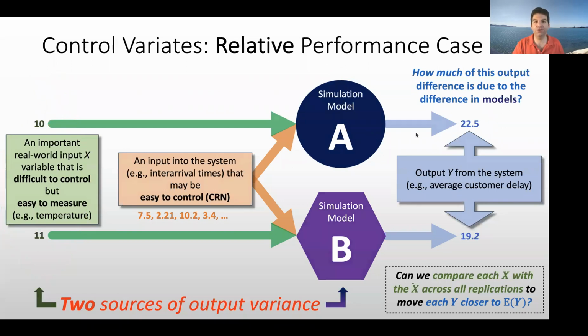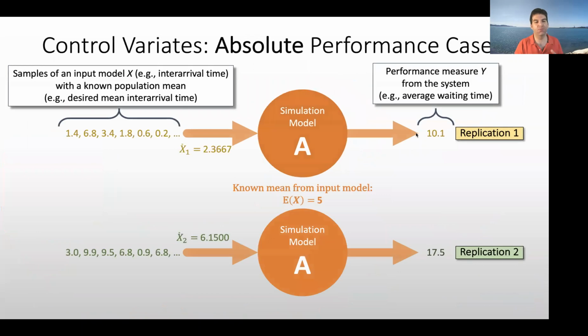Now for the absolute performance case, where I've got one single simulation model, it's very similar. I've got simulation model A, and I'm just trying to estimate a better guess at its absolute performance. And I've got samples of an input model. You can think of these as inter-arrival times generated randomly from Arena.